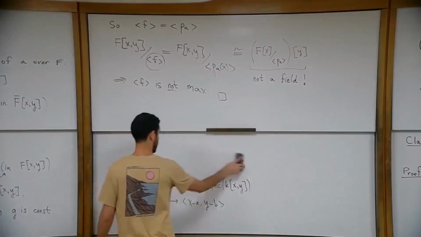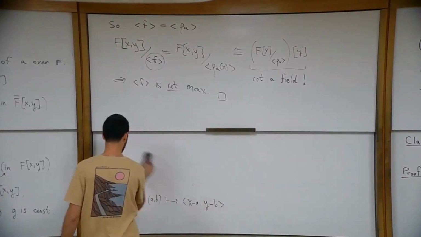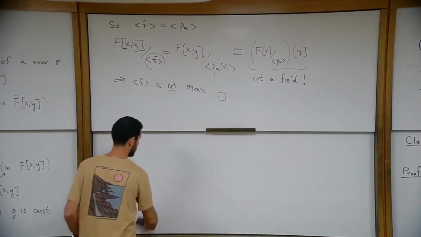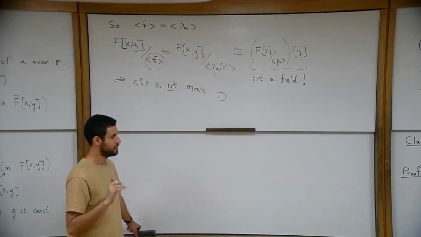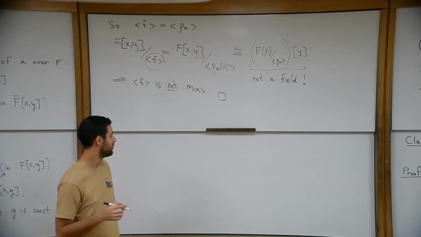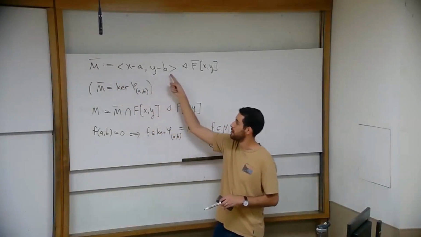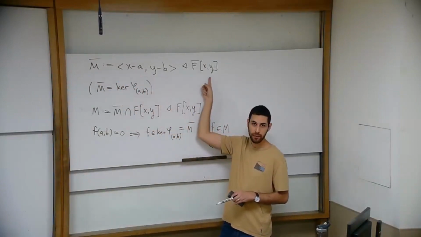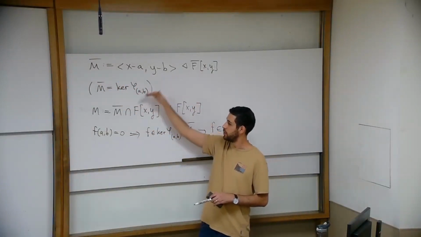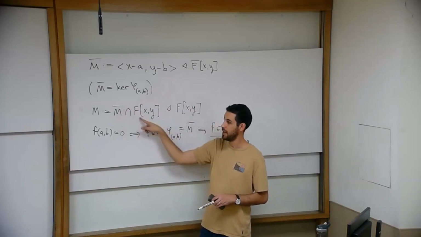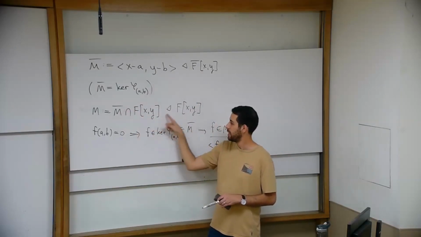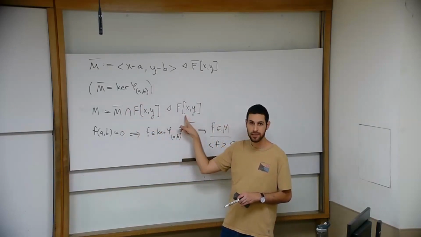And let me just make one comment about it. So in fact, what is the full truth? We began with M bar, which was the maximal ideal in F bar xy, and then we took the intersection of M bar with F xy, and we claimed it is a proper ideal of this ring.